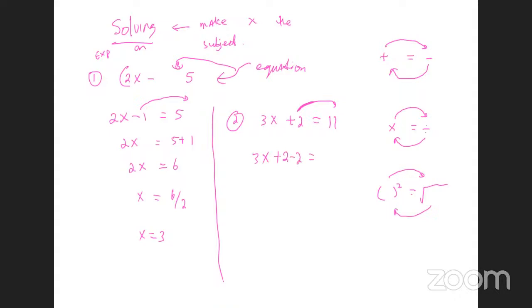You do the same thing on the other side. Whatever you do on the left side, do it on the right side. So you will end up with 3x plus 0 is equal to 9. Then you want to get rid of the multiplied 3, so you divide both sides by 3. x is 3. So you have different ways you could do it, but you get the same answer.